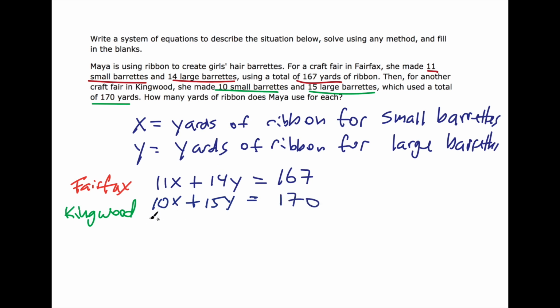Okay, so we're going to do a system of equations, which means we can solve with elimination or substitution. But for this one, it seems like elimination would be better.